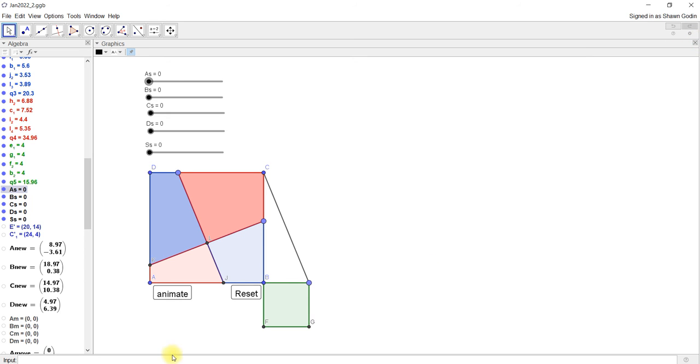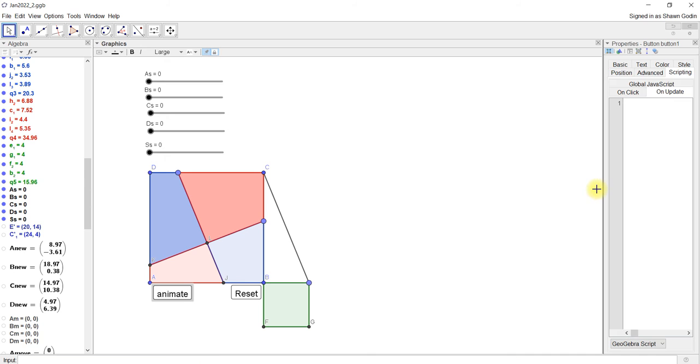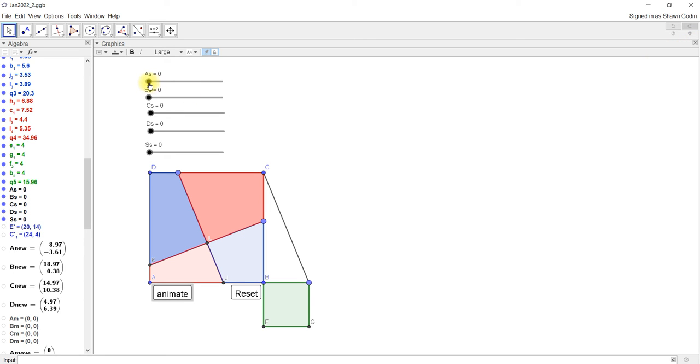If I look at the properties of my animation button, we see on click, the first thing I do is set all those factors to 0, and then I animate the first one. Because I set it up that way, you'll even see if I pull this over to here, as soon as I get to 1, my animation follows through.